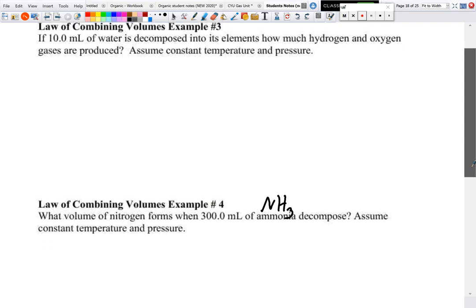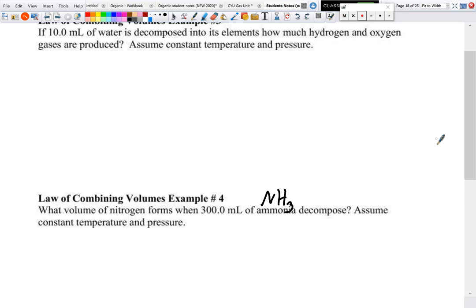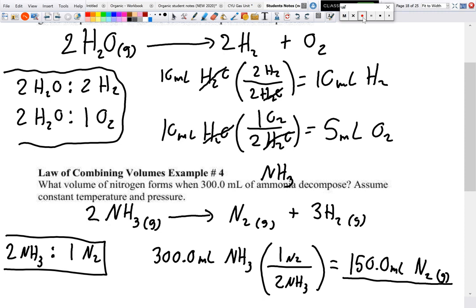But I'm going to put the answers up in 3 seconds, along with their balanced chemical equations as well. All right, and here are the answers. So for example 3, we got 10 milliliters of hydrogen and we got 5 milliliters of oxygen. And finally, for example 4, the volume of nitrogen that forms, we have 150 milliliters. And of course, the workings right there.